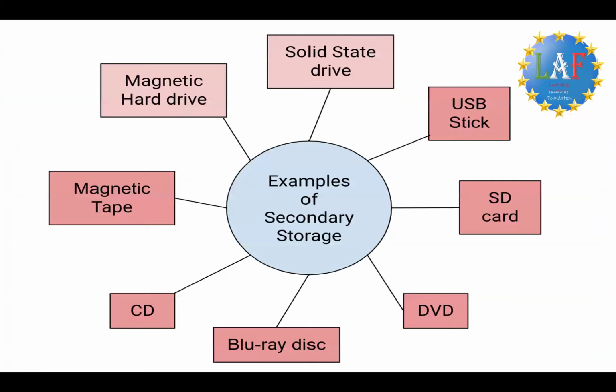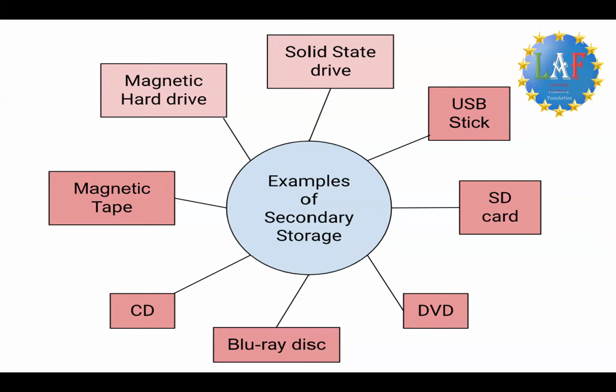And then we have secondary storage. They keep data long term. Common types include magnetic devices like magnetic hard drives and magnetic tape in desktops. They use spinning disks and magnetic fields. Optical devices like CDs and DVDs use lasers to read and write data.